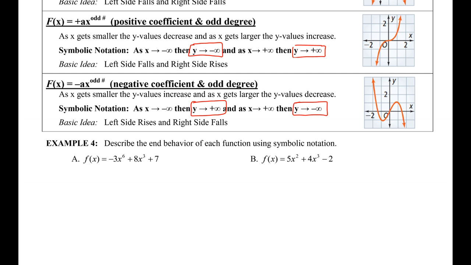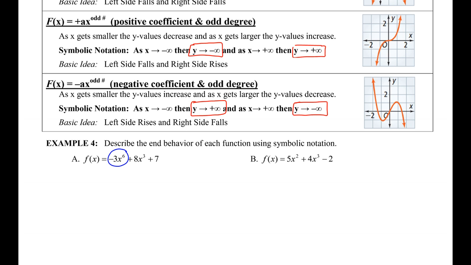So for example 4, it wants us to describe the end behavior of each function using symbolic notation. You were concerned about the term with the highest degree. So I'm only looking at negative 3x to the 6th power. The first thing that I'm going to look at here is that it is a negative coefficient and even degree.